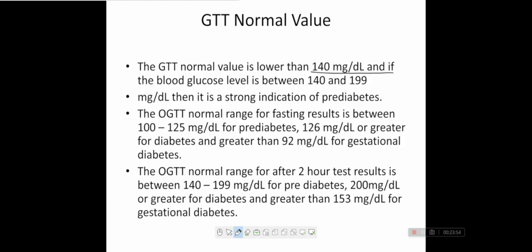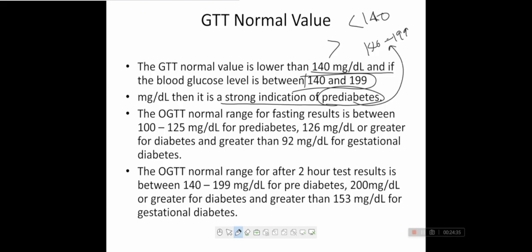If the blood glucose level is between 140 to 199, they have a strong indicator of pre-diabetes. This is the value for pre-diabetes.